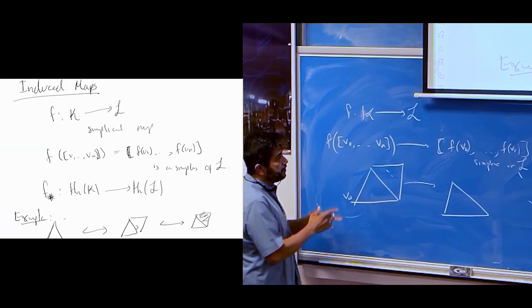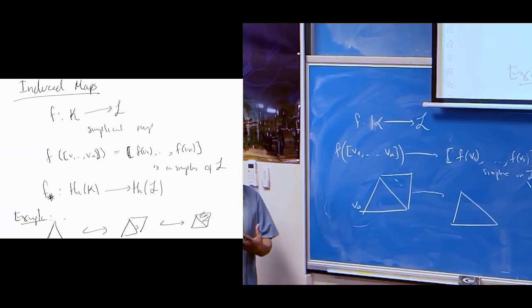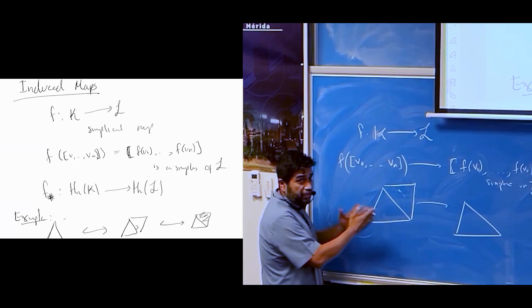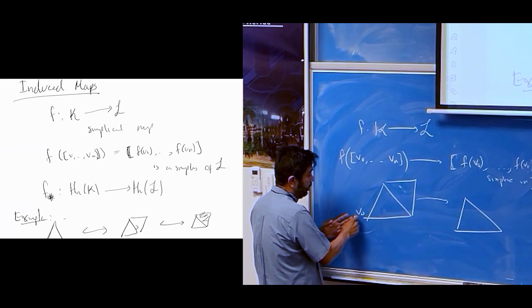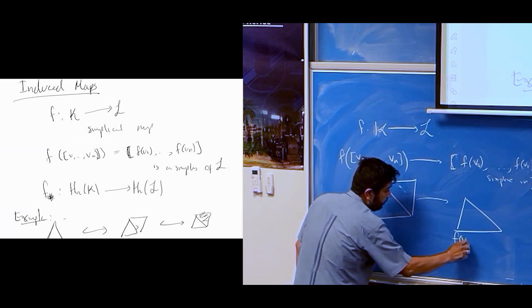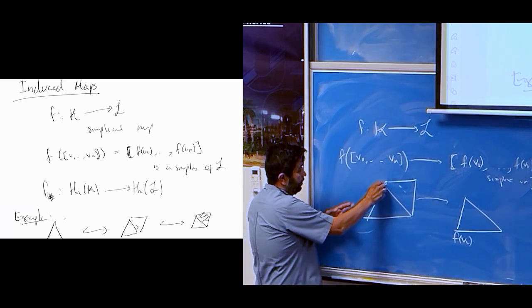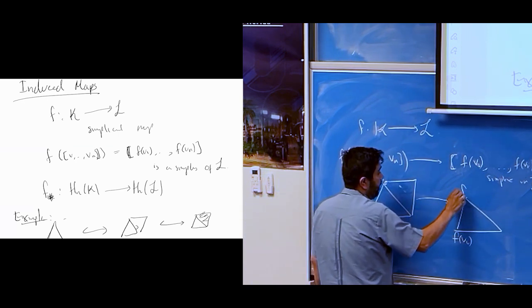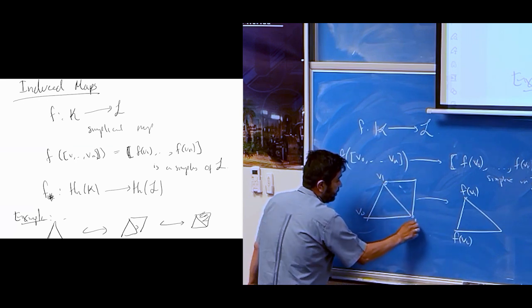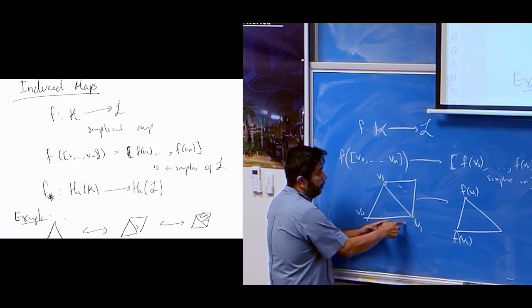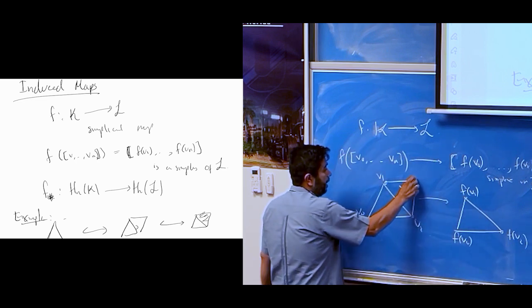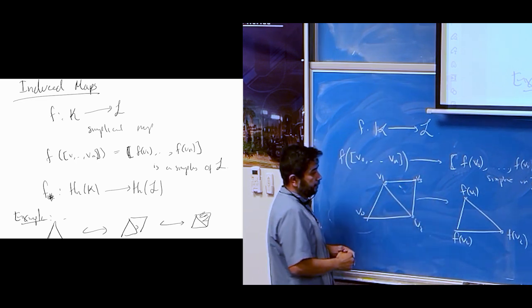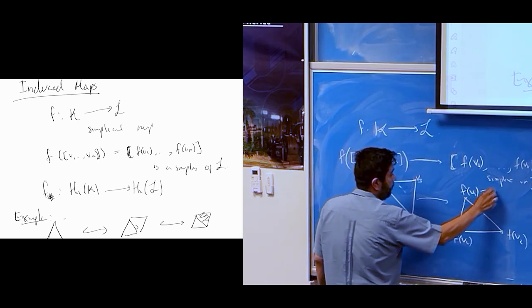The only thing that you need to do to define a simplicial map is to define what happens with each vertex. So you have this vertex, where should it be mapped? This is the vertex V0. What happens with this vertex? It is going to be F of V1. What happens with this vertex? Well, that vertex is going to be mapped here, V2. What is going to happen with this vertex? Well, I can map it over here as well.